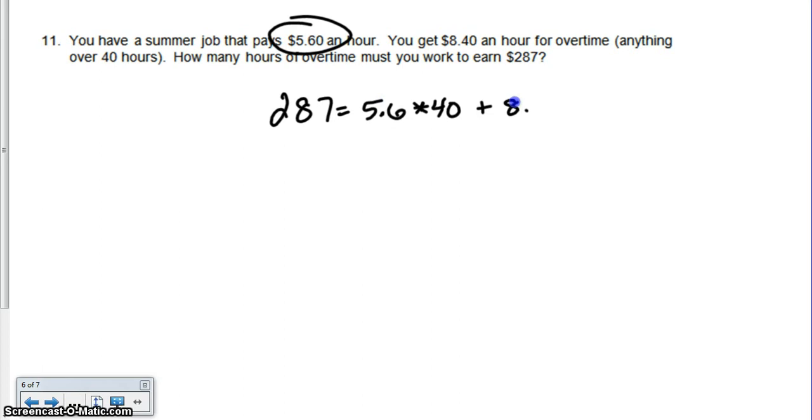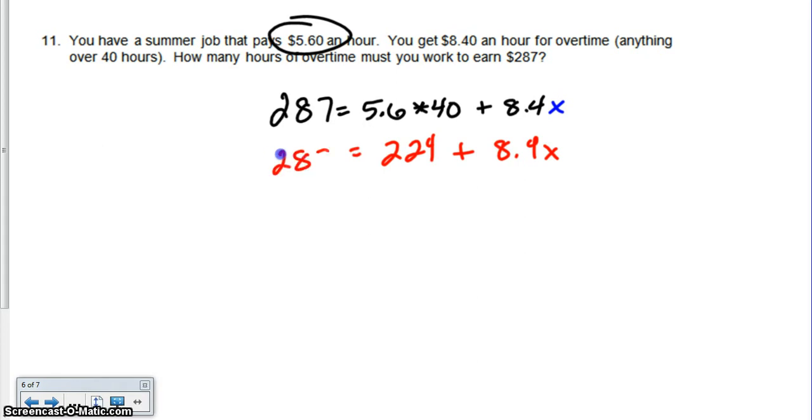And then the $8.40 is going to be for all the overtime hours. So whatever that number is, I don't know, and I'm going to call it X. So first thing I'm going to do is figure out what $5.60 times 40 is. So if she works overtime for sure, she's going to get $224 right here. Alright, so you see where I'm going with this.